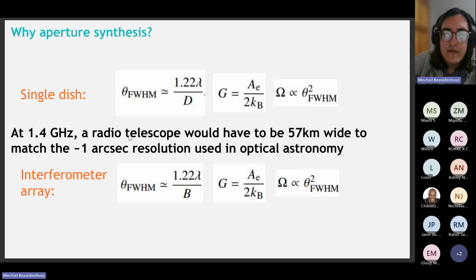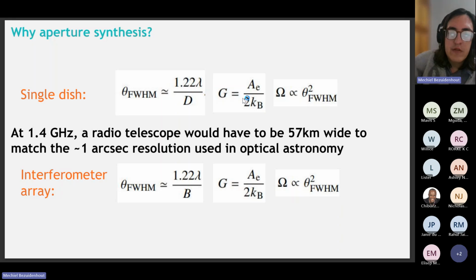In terms of sensitivity, the sensitivity of the telescope is proportional to the gain, the capital G that I wrote there, and that's proportional to the effective collecting area of the telescope. So the more collecting area, the bigger the dish, the more gain you have, the more sensitivity the telescope has, the fainter object it's able to see.